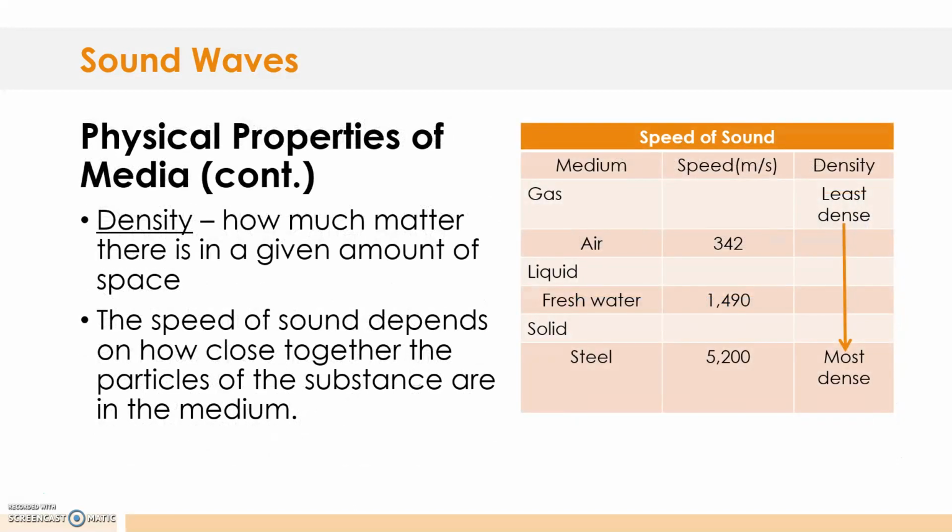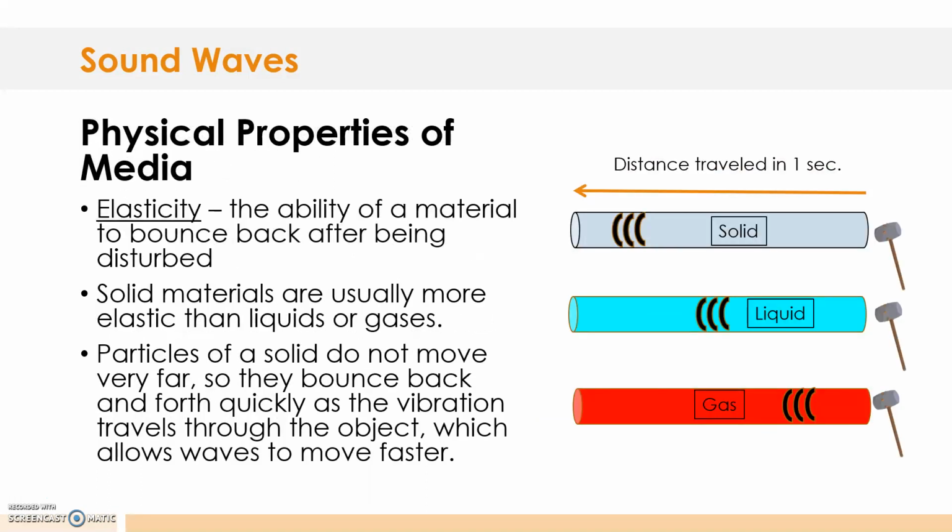Density is how much matter there is in it. So that is going to depend on how close those particles or molecules, that's the same thing, particles or molecules of the substance are in the medium. So we're talking about two different types of solids, like this table back here.